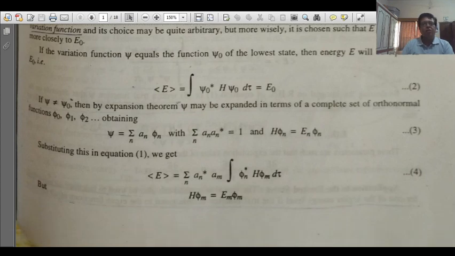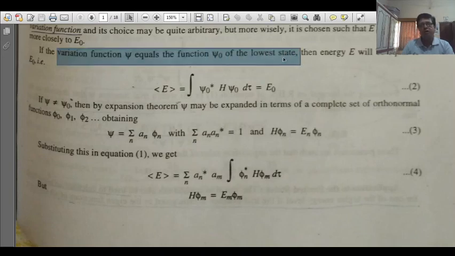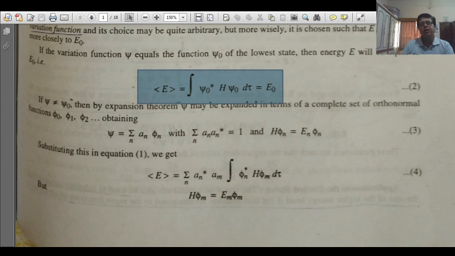Now, if the variation function psi equals the function psi 0 of the lowest state, that is, the chosen trial wave function psi is equal to psi 0, in that case the expectation value of E equals E0. But if psi is not equal to psi 0, in that case we use the expansion theorem for psi.